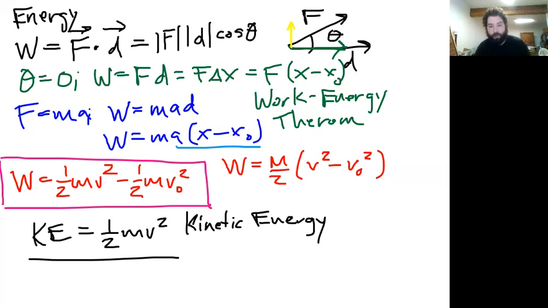One little thing I wanted to add here, but actually I don't need to. I would say when you do higher level physics, you can also do this in terms of the momentum, which is, I can just write this here.